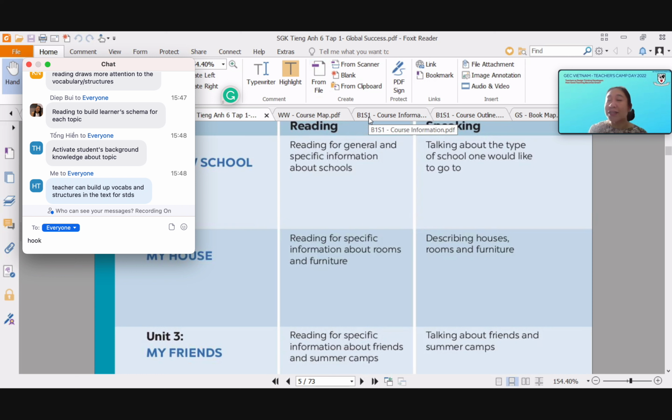Okay, the lower secondary level, so they are from 10 years old, or maybe 11 years old. So that's why the author who wrote this just assumed that students have certain vocabulary and structures, and they can read. Right? They can read. So that's why they put reading first.